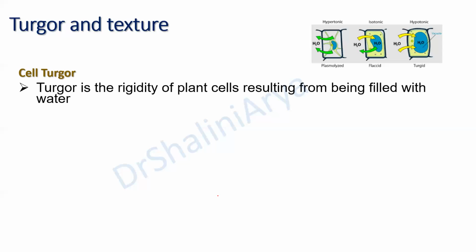Cell turgor is the most important textural change. So what is turgor? Turgor is the rigidity of plant cells which results from being filled with water. If there is a lot of water, the plant cells are very rigid.